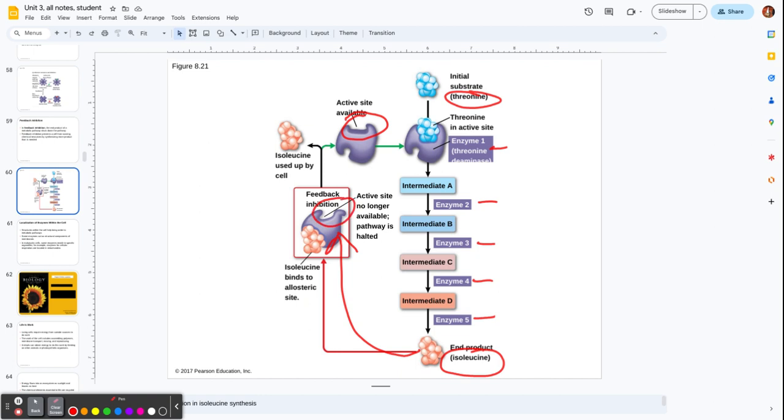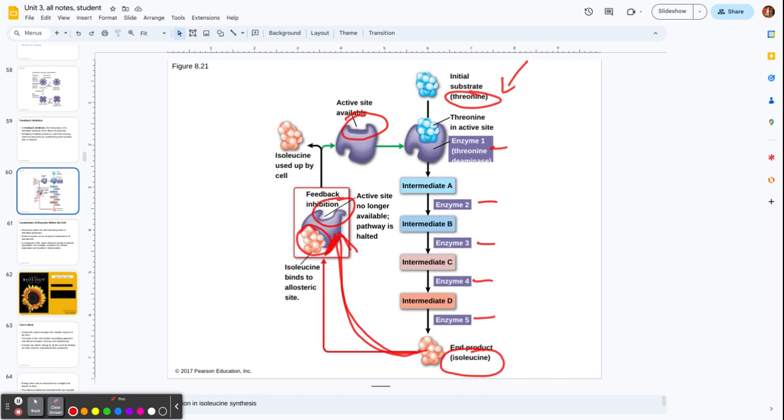And this is what it looks like when the isoleucine comes in here and it changes the shape. And because the shape has changed, now this beginning molecule cannot bind to its enzyme, and none of these reactions will proceed. All of them will be shut down.